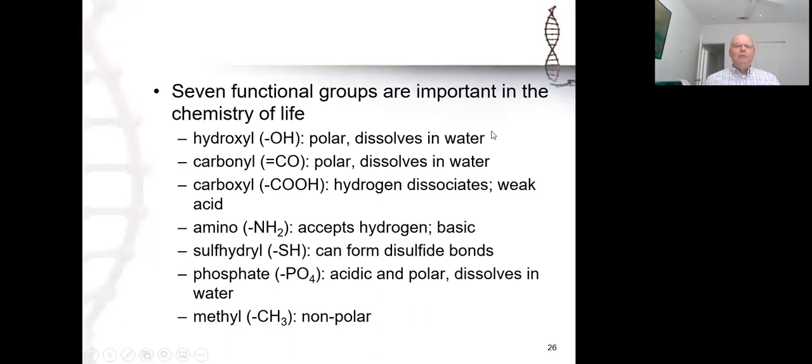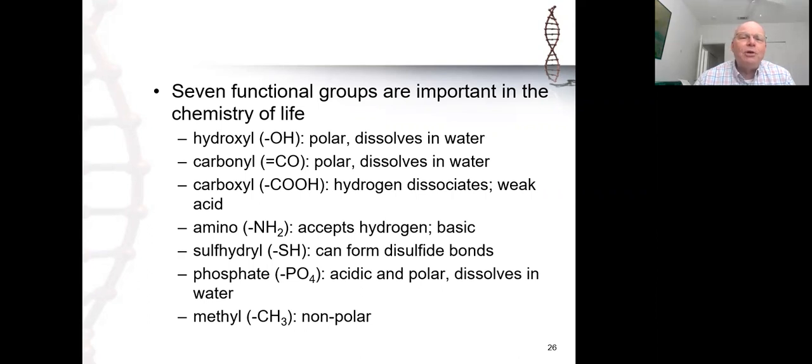So here are the 7 functional groups: the hydroxyl group, the carbonyl group, the carboxyl group, the amino group, the sulfhydryl group, the phosphate group, and the methyl group. 6 of these are polar, meaning they are themselves soluble in water.